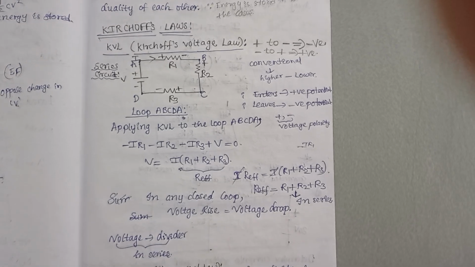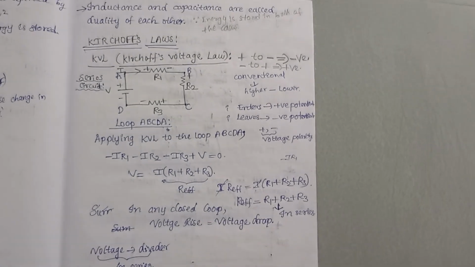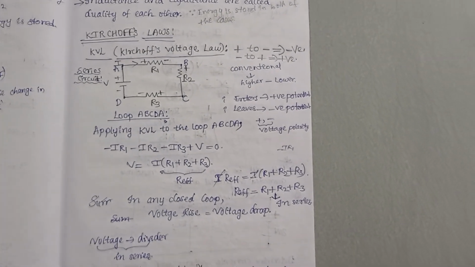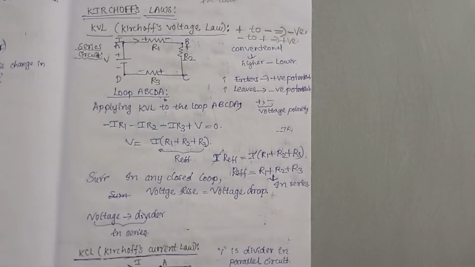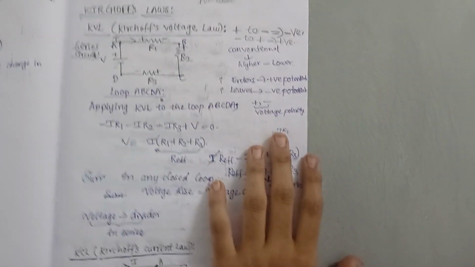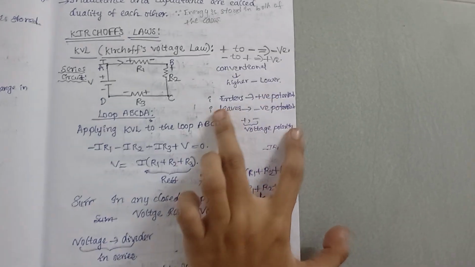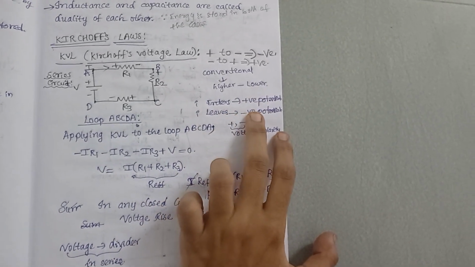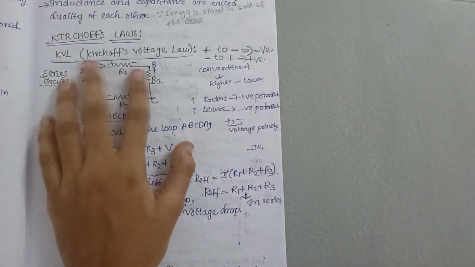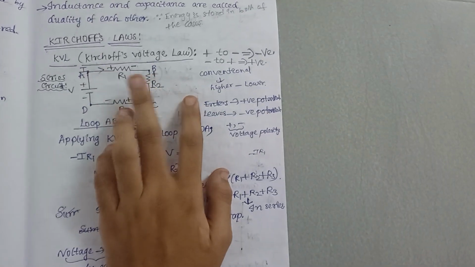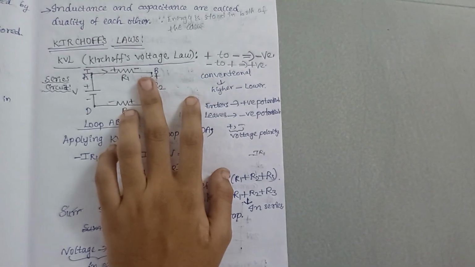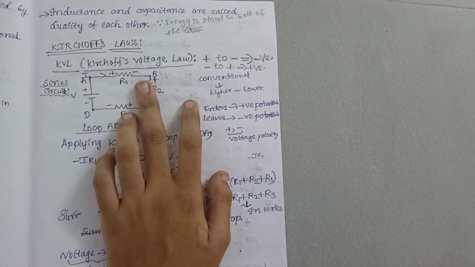The important key point to remember is that your conventional current always flows from positive to negative, that is, from higher potential to lower potential, and whenever the current enters, it is considered the positive potential, and whenever the current leaves, it is considered negative potential.